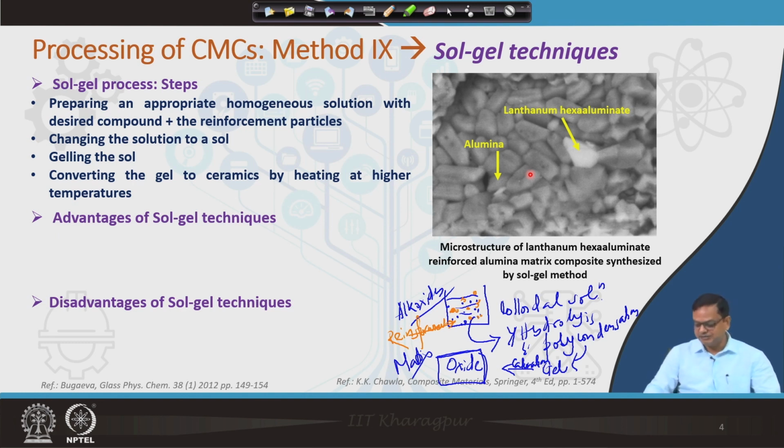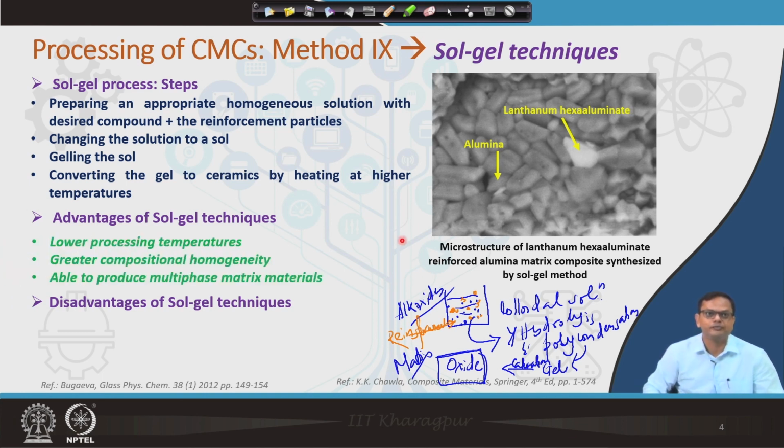Now, the advantages: it is a low temperature process, with lower processing temperature and greater compositional homogeneity.